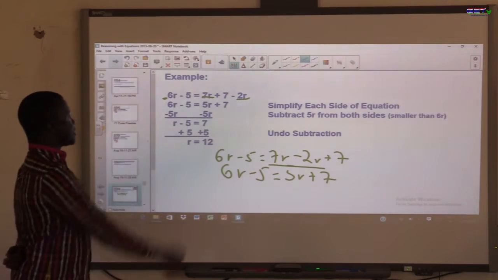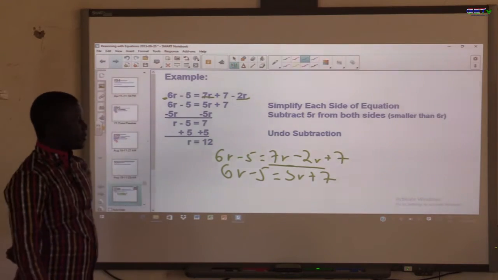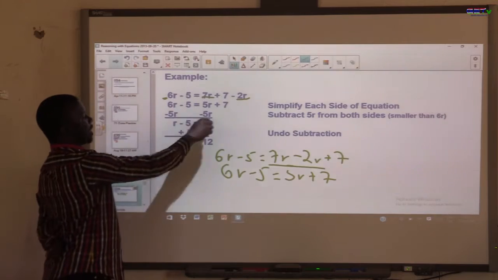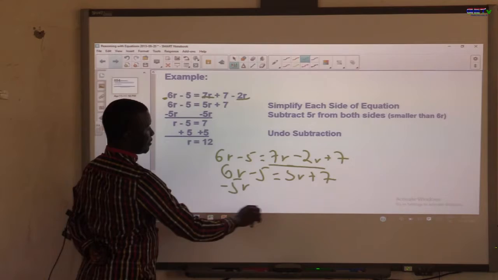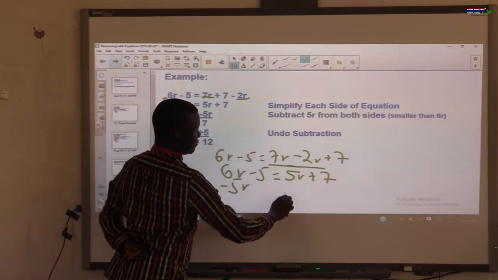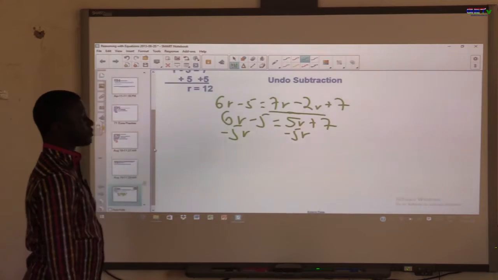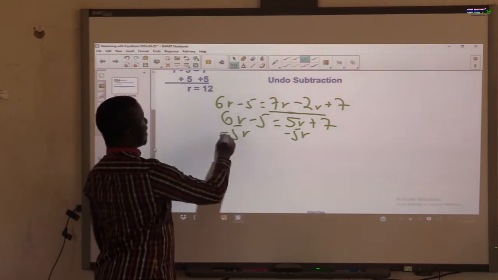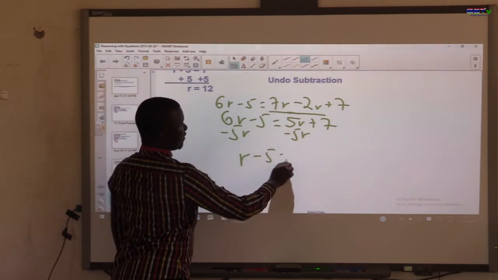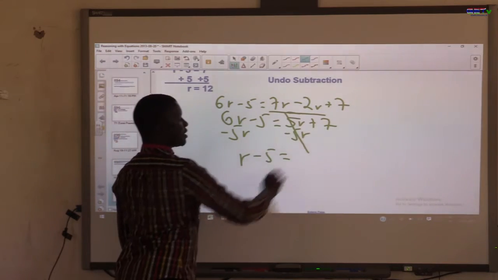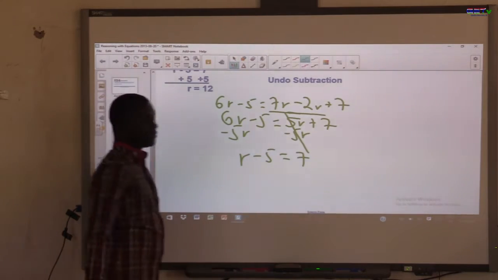Our next step is to undo the positive 5r by subtracting 5r from both sides. As you can see, 6r minus 5r is r, minus 5 comes down, equals, this cancels out, 5r minus 5r is 0, then we have 7.